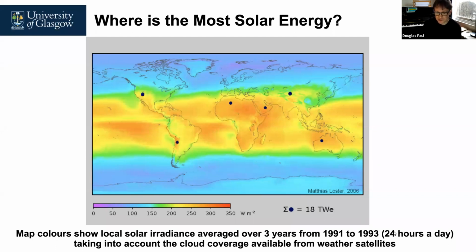Now, the total consumption on the Earth of energy has gone up. It's not gone up that much, but you only need 8% conversion efficiency to take the solar energy at these 8 spots and use it for the whole planet. So why don't we do that?